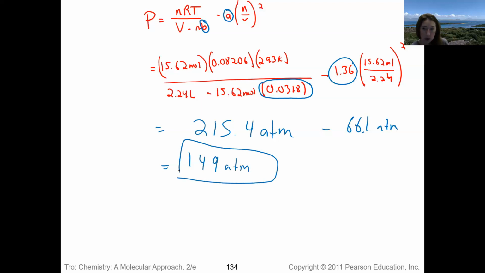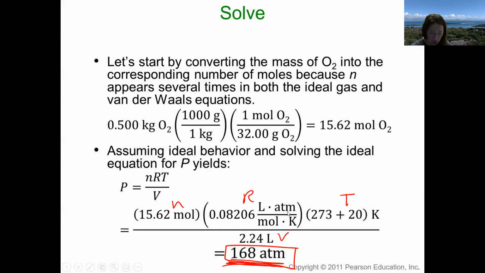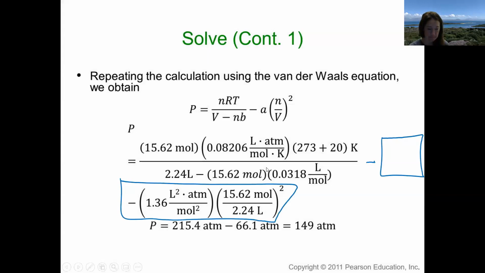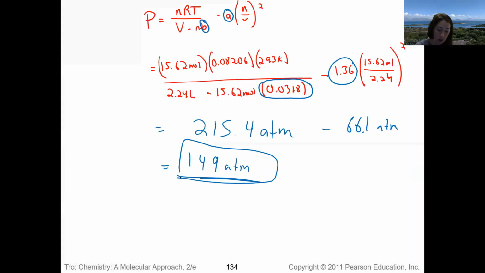So you can see the true pressure is not the same as the ideal pressure. I just want to remind you, we calculated that our pressure was 168 atmospheres using the ideal gas law. Looking at our true pressure, 149, our pressure was actually less than we would predict according to the ideal gas law, and quite a bit different, because we're at a lower temperature.